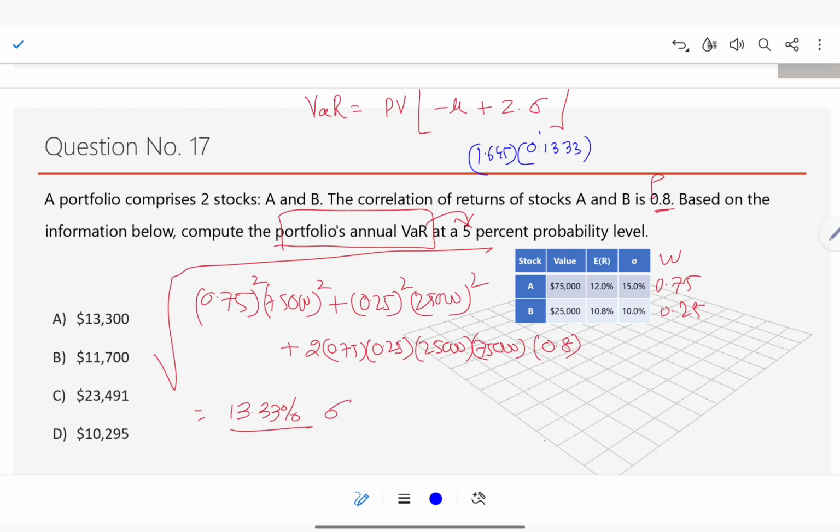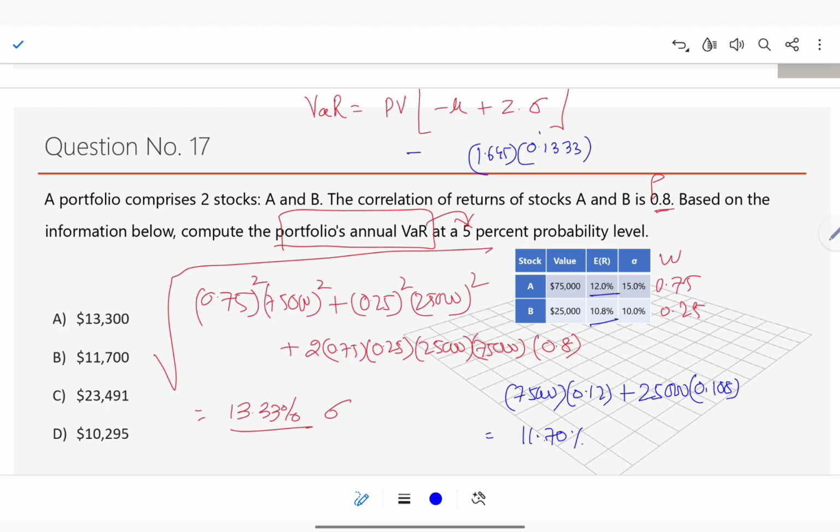Now we have to calculate the expected value. How are we calculating the expected value? It is a simple mean. We are already given the expected values, so it will be 75,000 into 12% plus 25,000 into 10.8%, and this will give you 0.7.